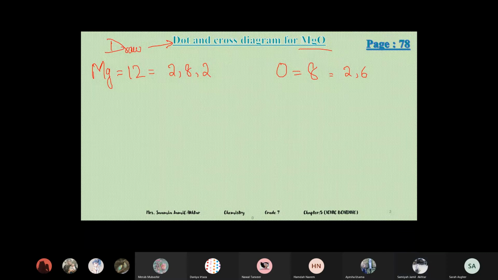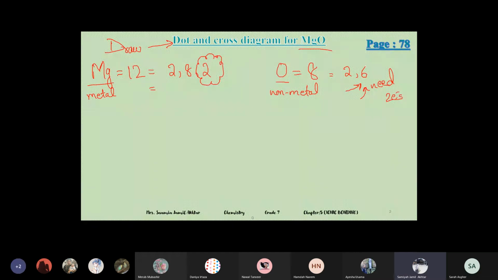Now, magnesium is a metal and oxygen is a non-metal, and I told you that metals always give. So how many extra electrons does magnesium have? Very good, 2 extra electrons. And how many electrons does oxygen need to complete its shell? 2. Good.